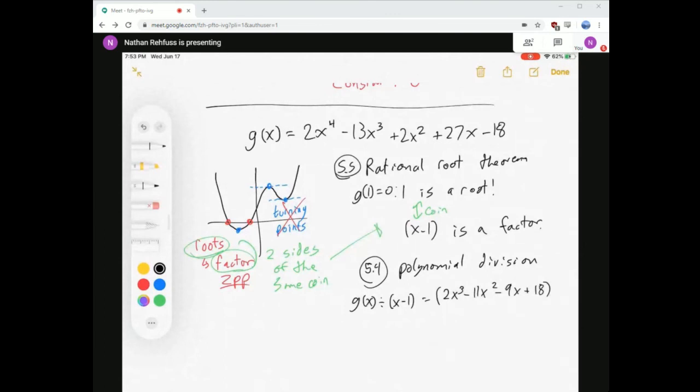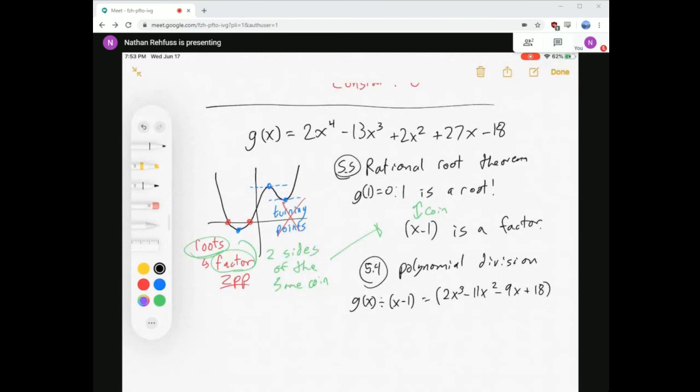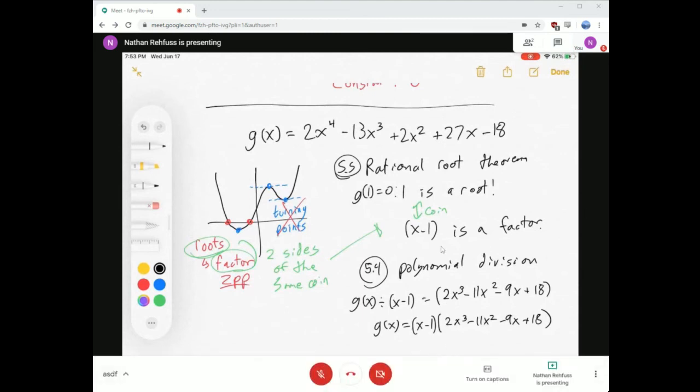On the other hand, if I multiply both sides by x minus 1, then this would tell me that g of x equals x minus 1 times 2x cubed minus 11x squared minus 9x plus 18. As a matter of fact, that's a way that g factors. And now I can focus on factoring this cubic. So I've broken off a linear factor, and now I've gone from degree 4 to degree 3.